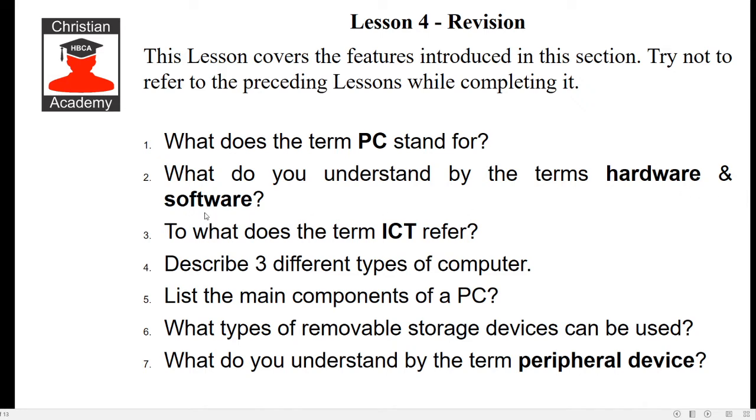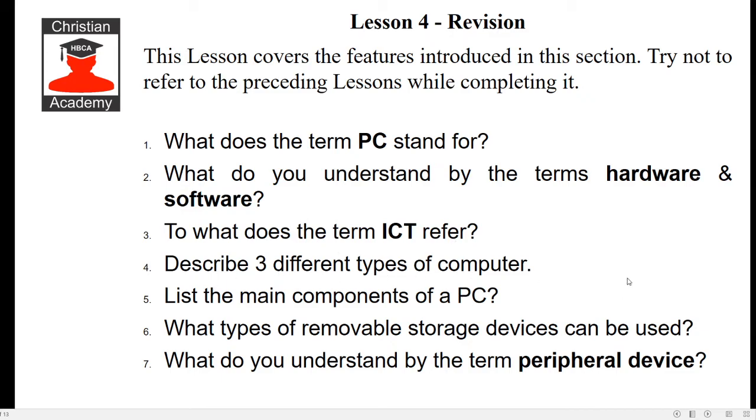We've just discussed that. And then what does the term ICT refer to? Information communications technology. You must look at that and make sure you understand what that refers to. And even if you get asked maybe a few questions around that, you need to be able to do that.